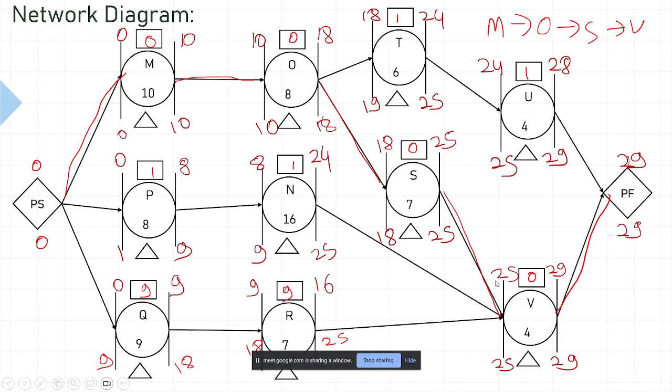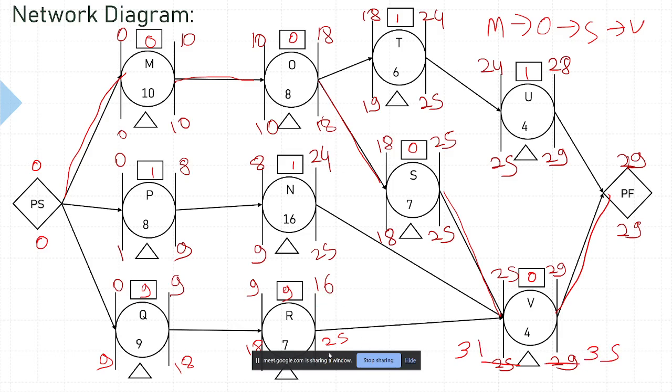So if you finish R at 25, we must start V at 25 so that your critical path remains the same. So it so happens that V is a critical activity. If it was not a critical activity, let's suppose that instead of 25, this was some value 31 and this was 35.